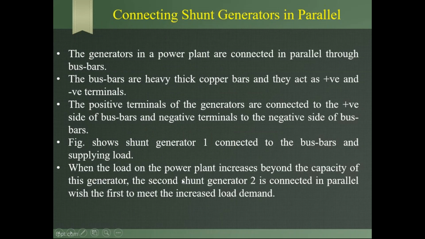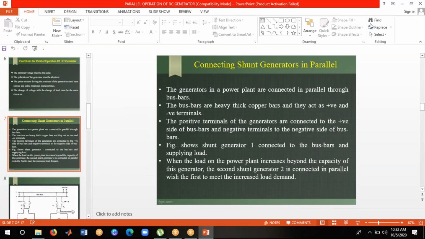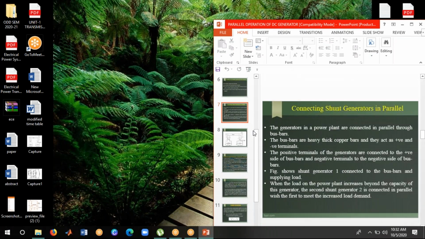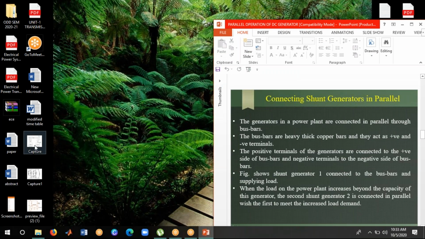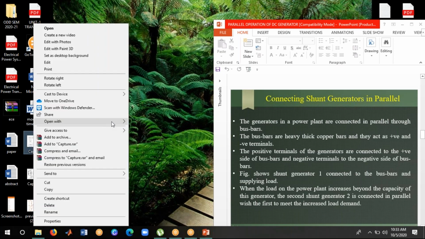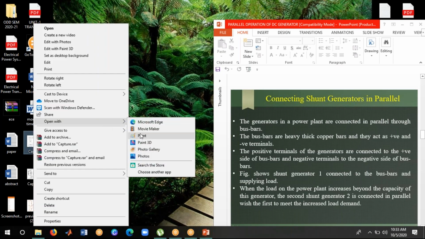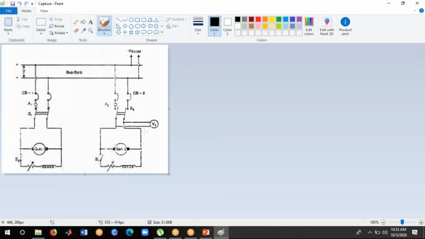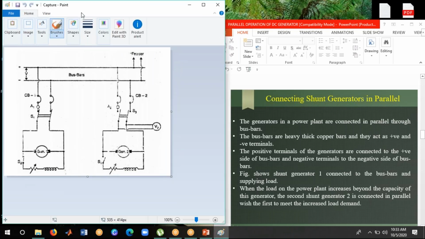First of all, I will show you the diagram, then we can go for the explanation.